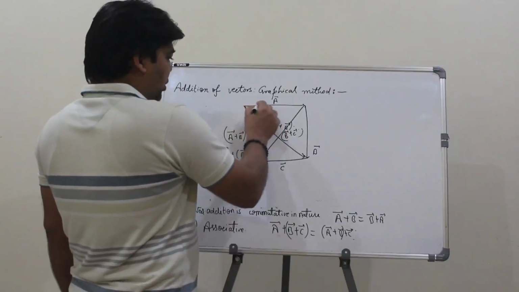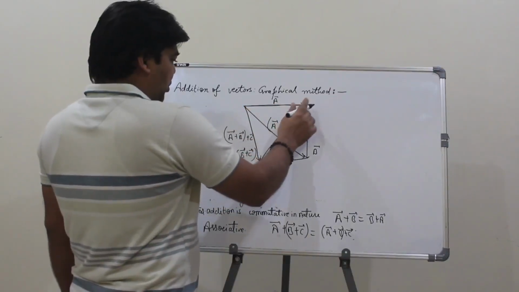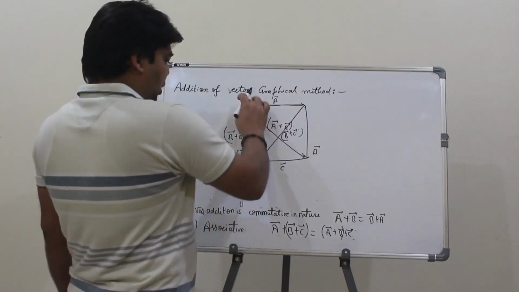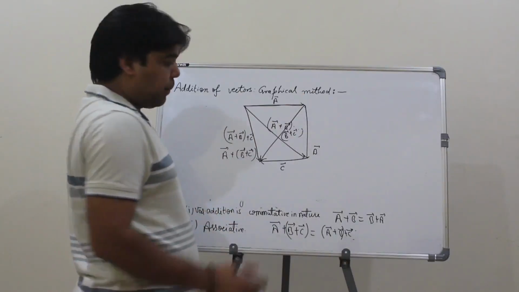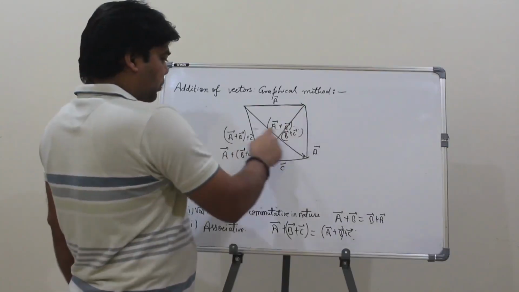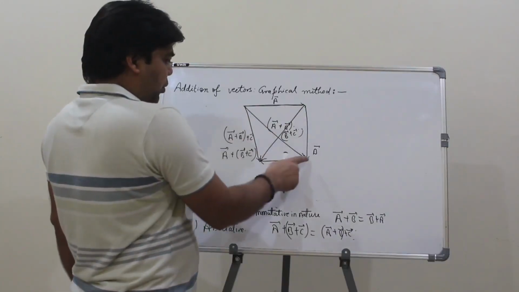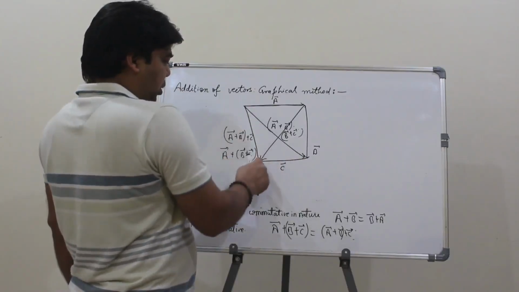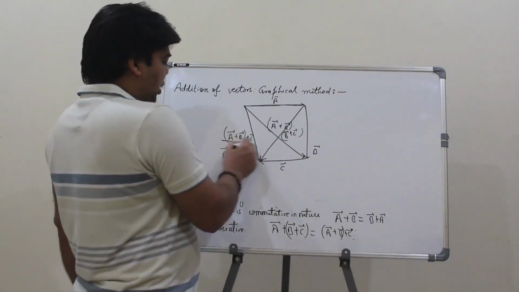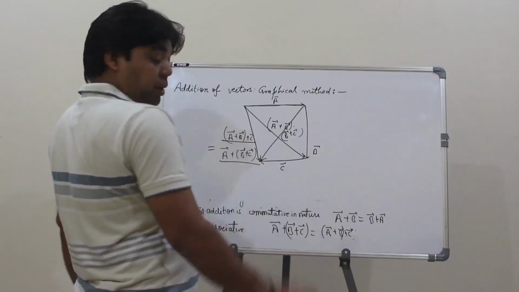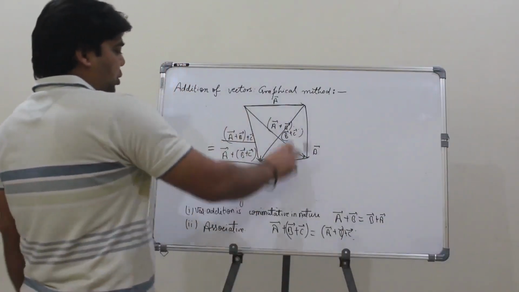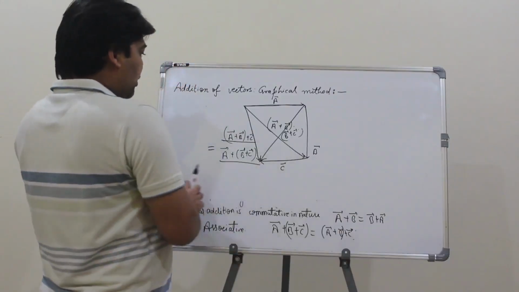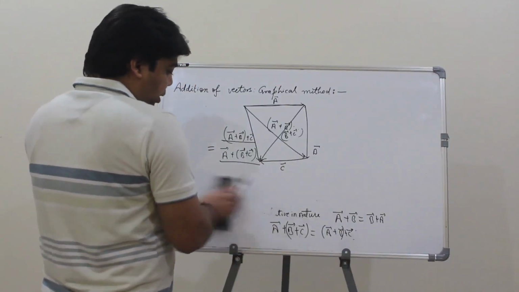If you take this one and then sum with this, it will give you (A plus B) plus C, and if you take this one, it gives you A plus (B plus C). So it gives you two which are equal to each other. This is how the associative law follows. This is what we call the associative law of vector addition.